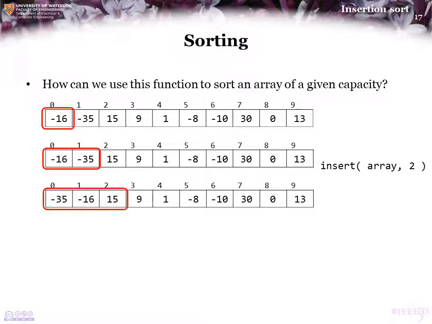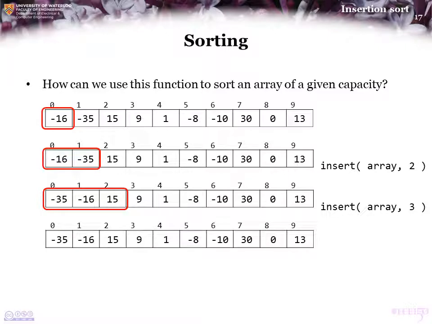All right. So now here I have an array of capacity 3 where the first two entries are sorted, and, well, I'm not sure about 15. Well, it happens that 15 is already in the correct location, but just in case it wasn't, I could put it into the correct location by calling insert on this array with the second argument 3.